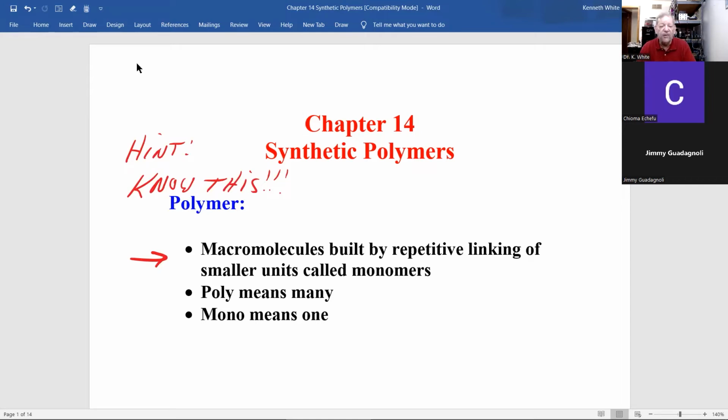The best way to think of this is a long, I mean long, freight train made up of the same boxcar, or two different boxcars, or a boxcar and a tank car. And it's long, I like that. That's what a polymer is: a huge molecule built by repeating smaller units called monomers.